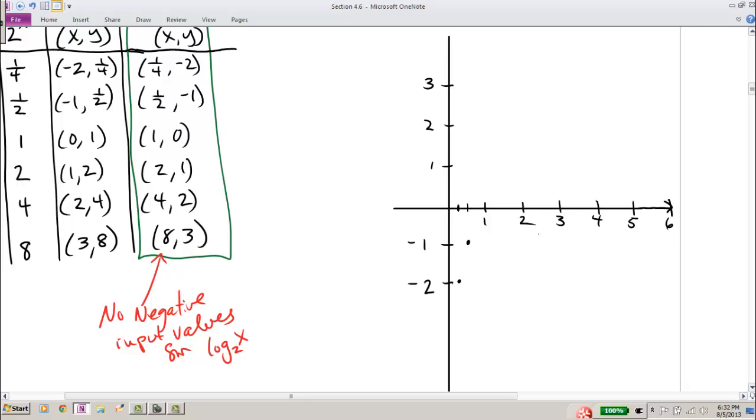At x equals 1, we have a y coordinate of 0. At x equals 2, we've got a y coordinate of 1. At x equals 4, we have a y coordinate of 2. And we don't quite have enough space to go all the way out to x equals 8, but we could see the pattern that establishes.